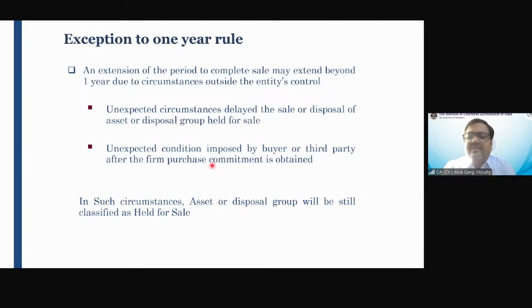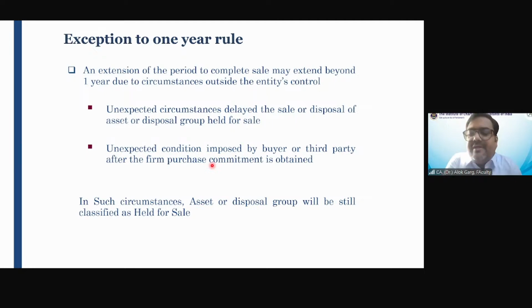I told the buyer, Mr. Buyer, if I start cleaning this factory, it will take another 1.5 years. The buyer said, okay, no problem. You can shut down your plant and clean your factory. I will pay you that price. So the buyer has told me that I have to clean the factory, it will take another 1.5 years, and after that the registry will happen.